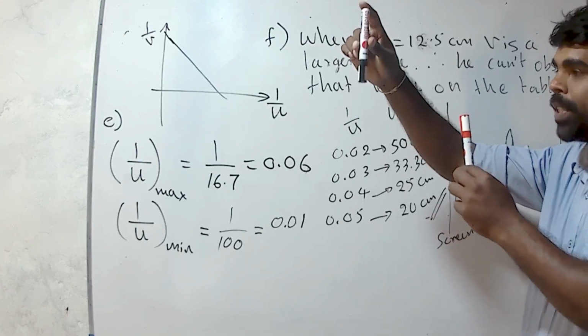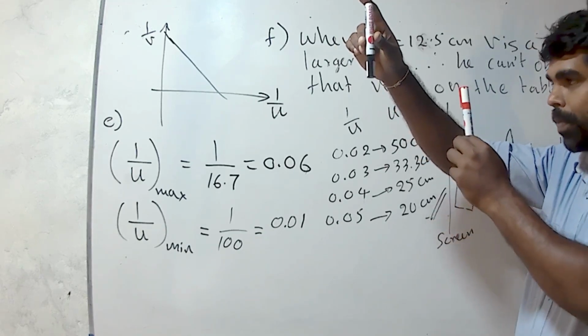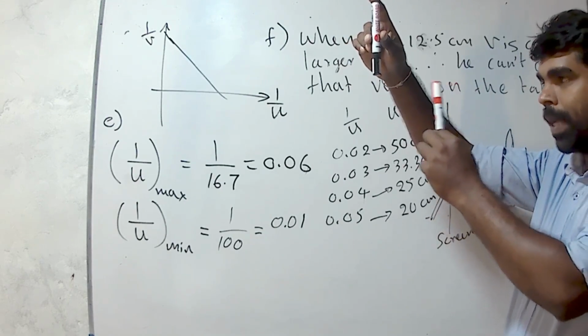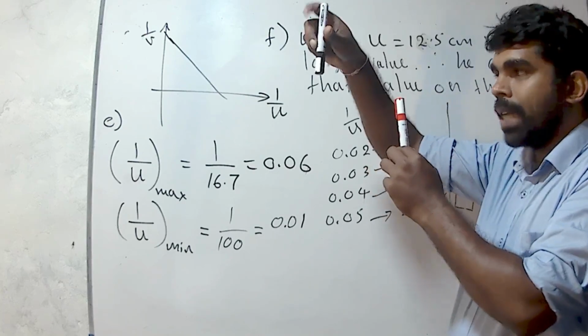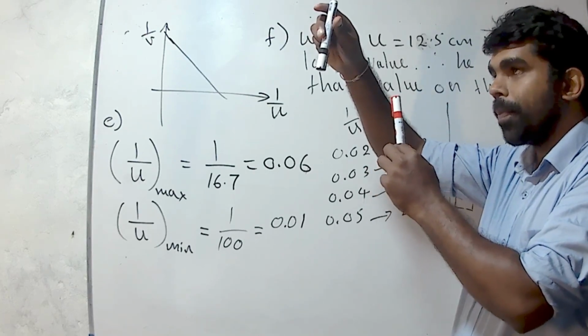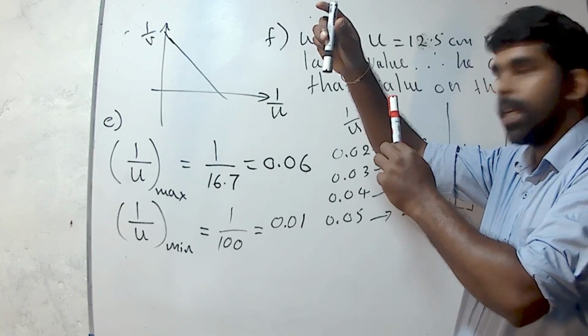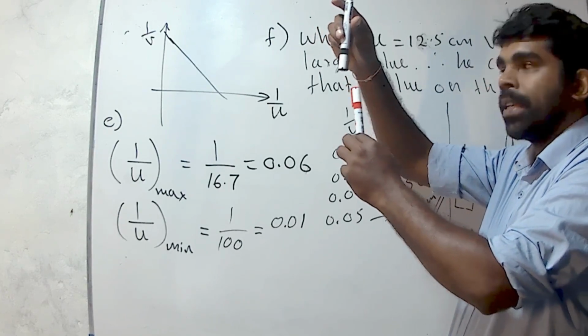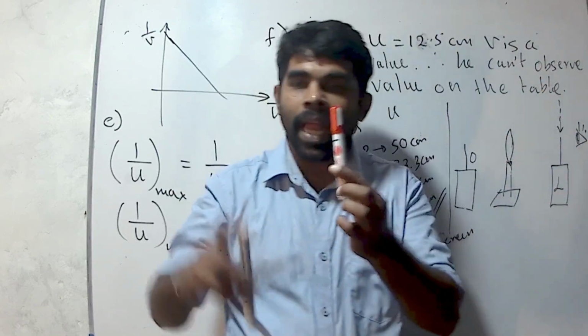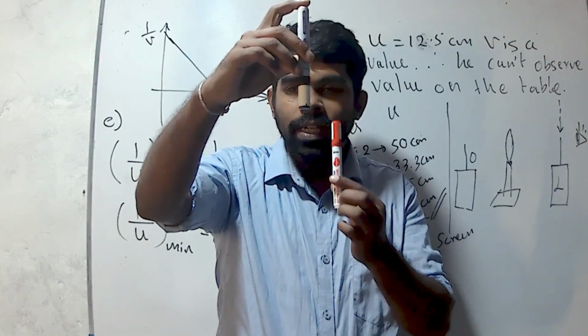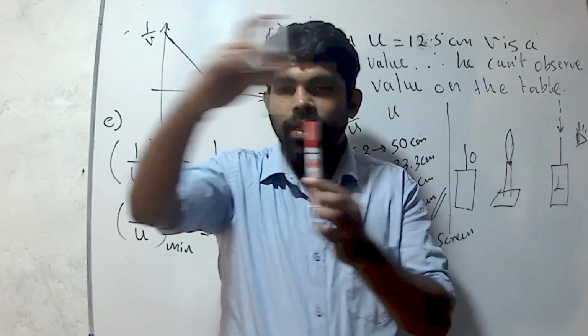When finding the position of the image, we can move the locate pin along this axis while the eyes are moving in perpendicular direction like this.